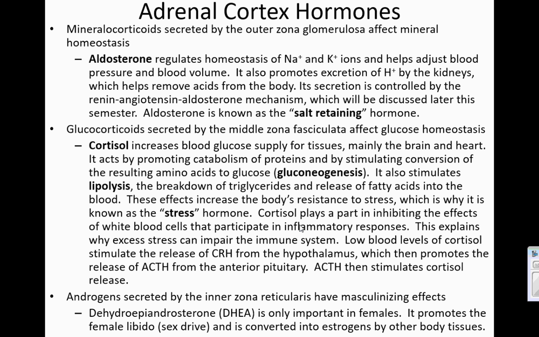Glycogenesis has the word glycogen and genesis in it, is the opposite of glycogenolysis, and that is the making of glycogen from glucose. What's also listed on this page is lipolysis, which begins with the prefix lip, which we know lipids are fats.